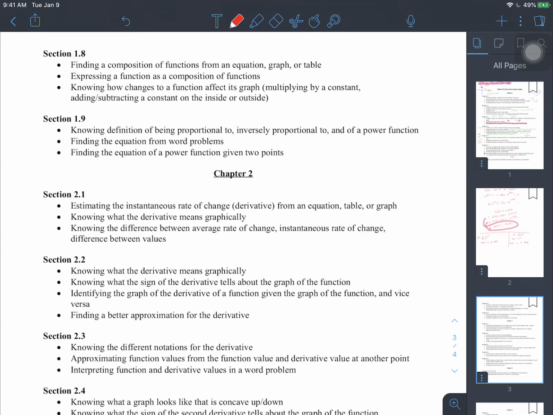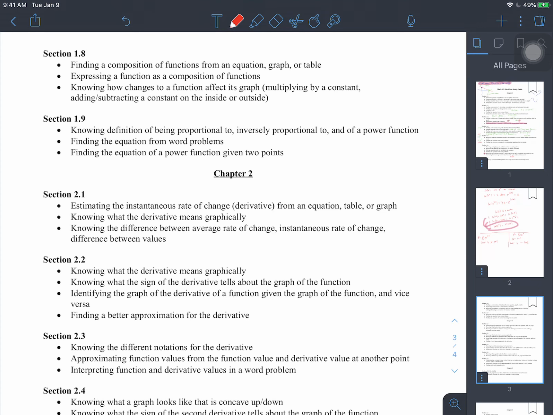So that's 1.8. 1.9, we learned proportionality and inverse proportionality. And we should know how to understand how quantities are going to be changing when we are given a word problem which says that some quantity is inversely proportional or directly proportional to some other quantity in the word problem.